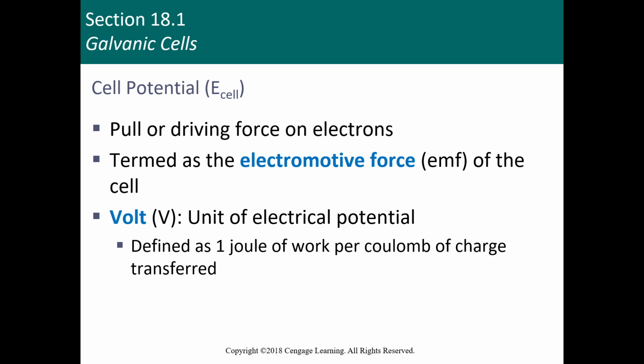Okay? And that difference in the electromotive force is going to cause a certain amount of electricity to move through that wire. And again, that is 1 joule of work per coulomb of charge, which we'll do watts in just a bit, in case anybody knew a little bit about electricity already.